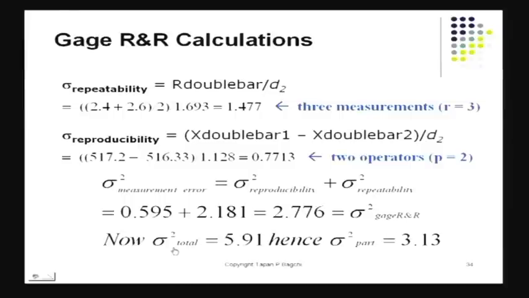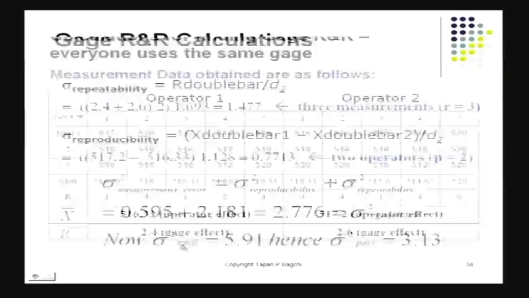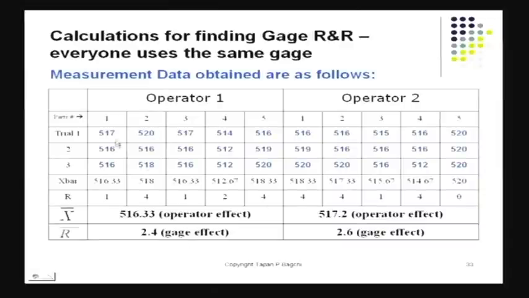Therefore, the total variation was found by going back to the total overall data, and I found the overall variation, and I call that the total variation. That's contributed in part by the part variation, part 1, 2, 3, 4, 5, part due to the operator and part due to the gauge.